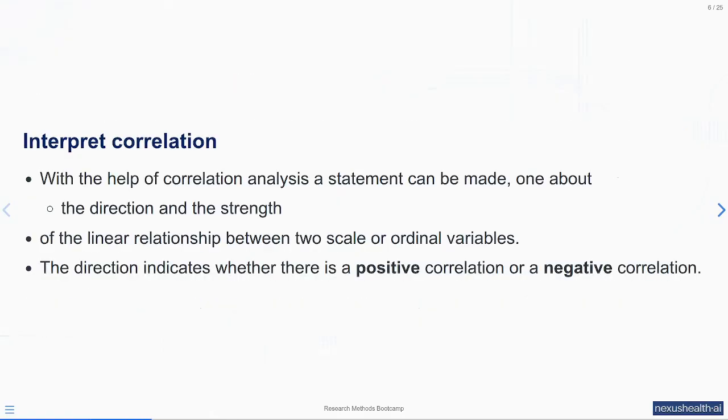How do we interpret correlation? When we do a correlation analysis, we can make a statement about the direction and the strength of the linear relationship between two scale or two ordinal variables. The direction indicates whether there is a positive correlation or a negative correlation.